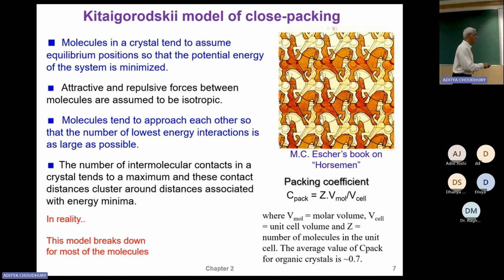So to find the packing efficiency, this is the formula they use. Always it's about 0.7. Even for CCP and HCP, you have only about 0.7, it's not 1. So the packing is not always very high. But in organic compounds, it would be very much less, even 0.5 or something. So the Kitaigorodskii model fails because of its assumptions, some of which are given here.